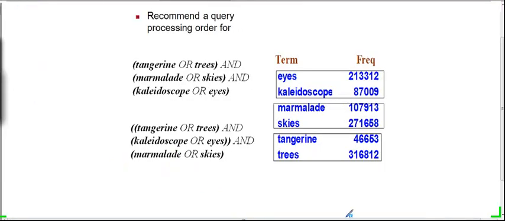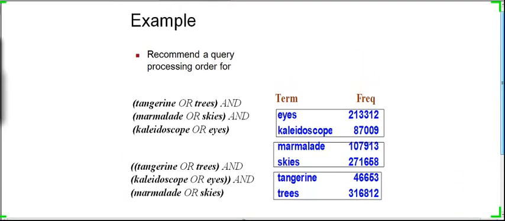So here is an exercise. Can you recommend a query processing order for this particular query? Tangerine or trees, ANDed with marmalade or skies, ANDed with kaleidoscope or eyes. And these are the document frequencies of each of the 6 terms.